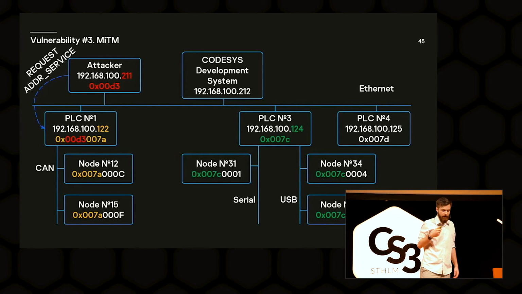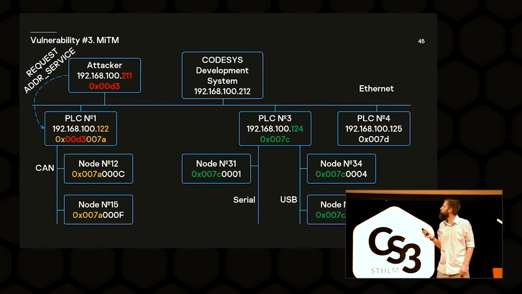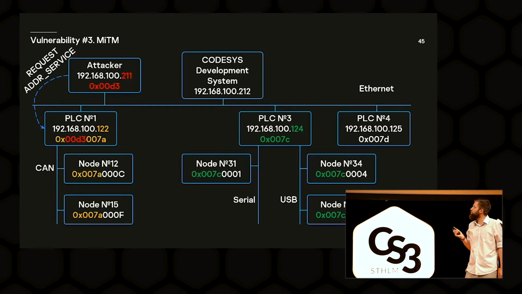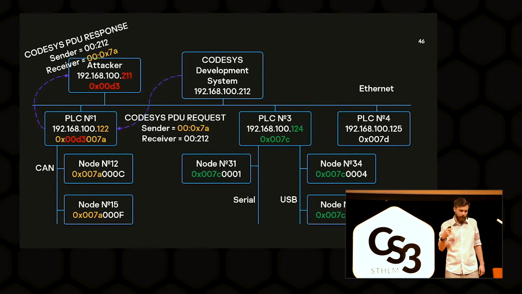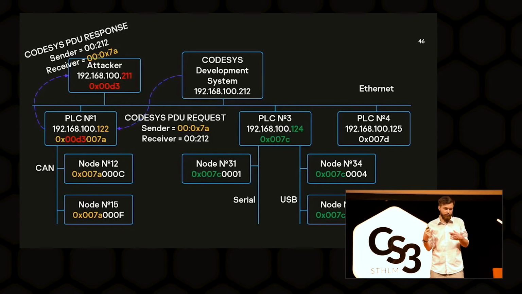We found one service which is called the address service. This address service is used to change the addresses of CODESYS nodes in a dynamic way. So if the attacker sends a special request to the node, it will change its own addresses, and then each outgoing traffic from these addresses will be sent to the attacker node. So it's kind of a MITM by design.